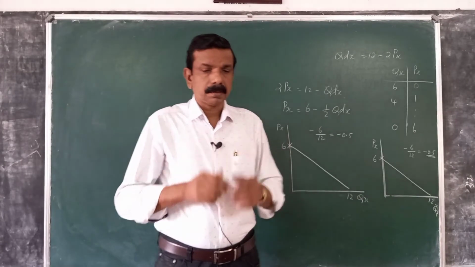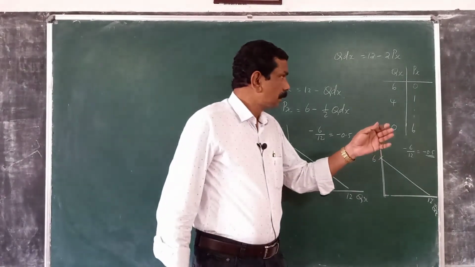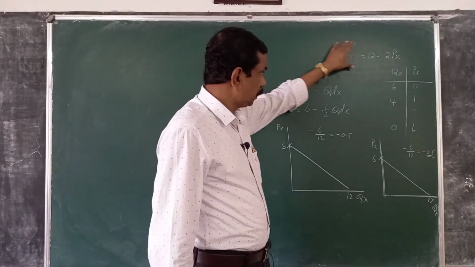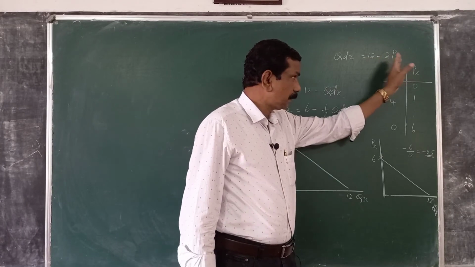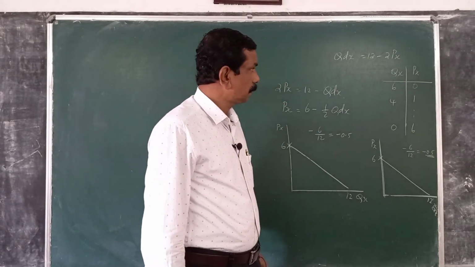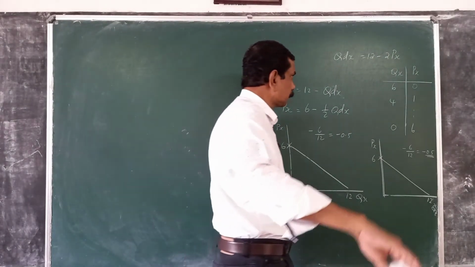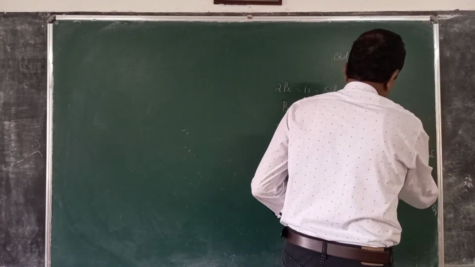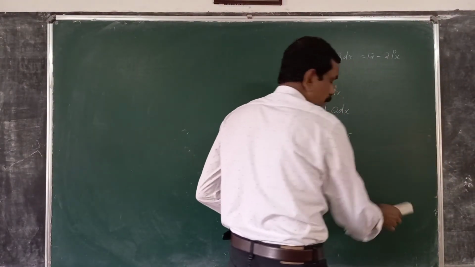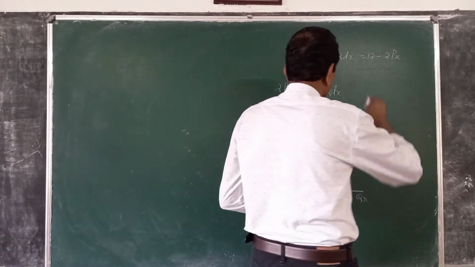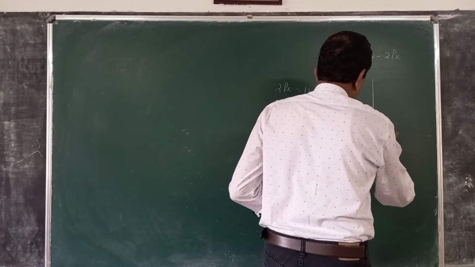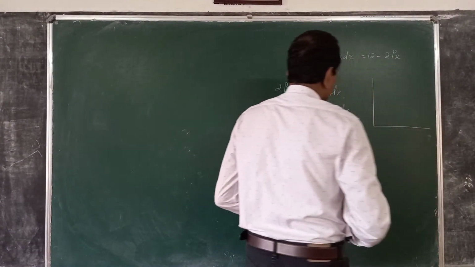So the question is, if you write Qdx is equal to 12 minus 2Px, you have to plot this something like this. That is, Qdx is equal to 12 minus 2Px.